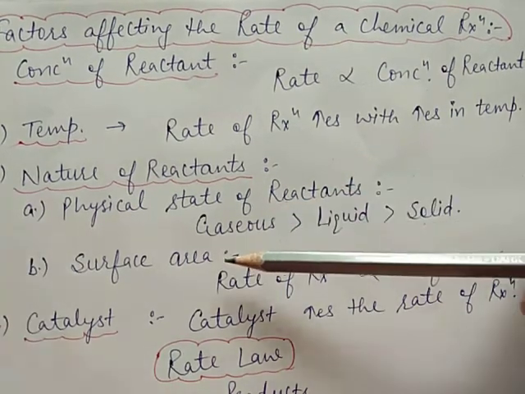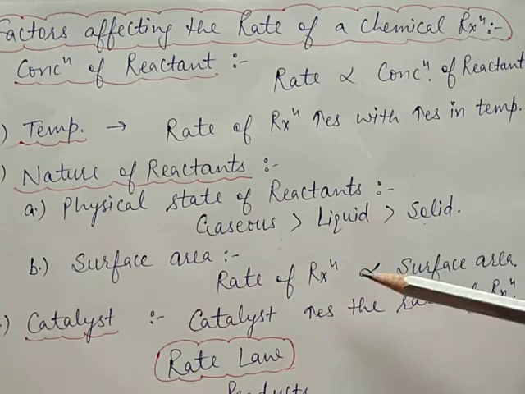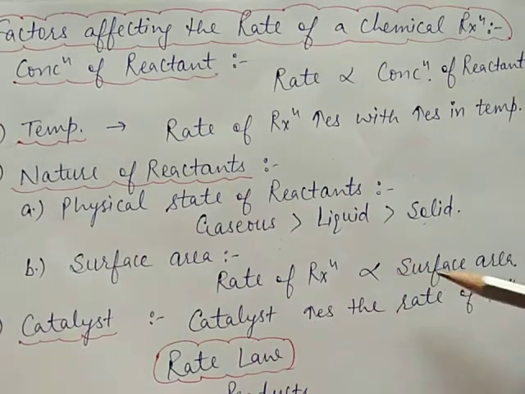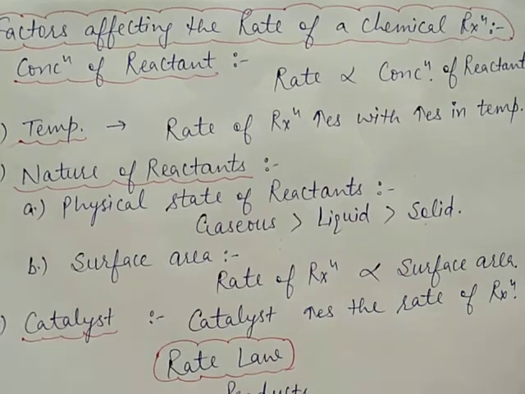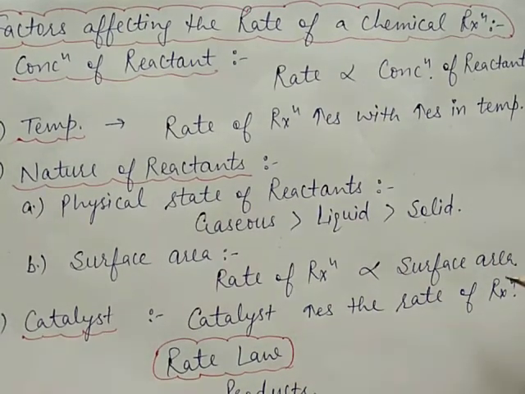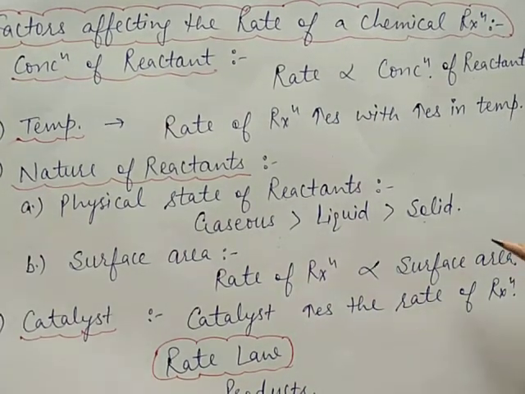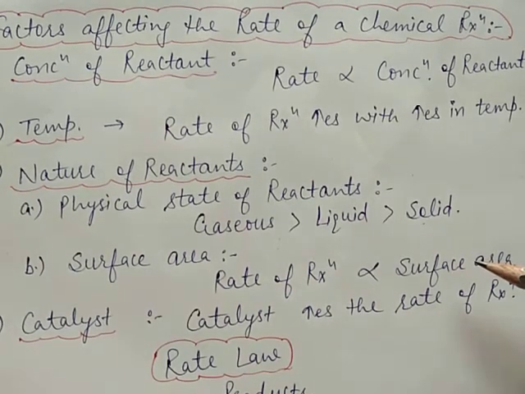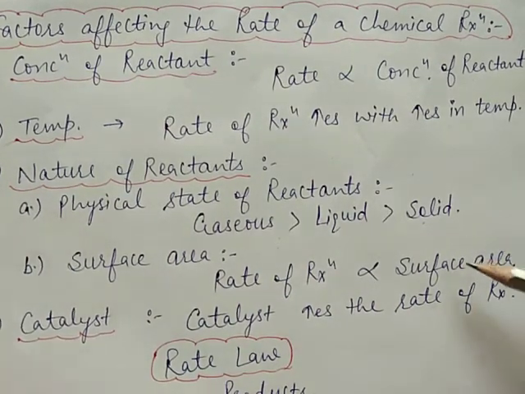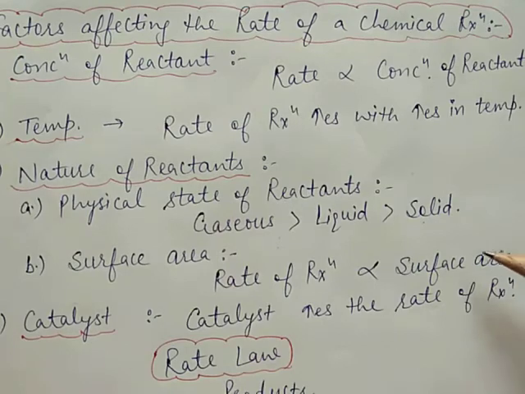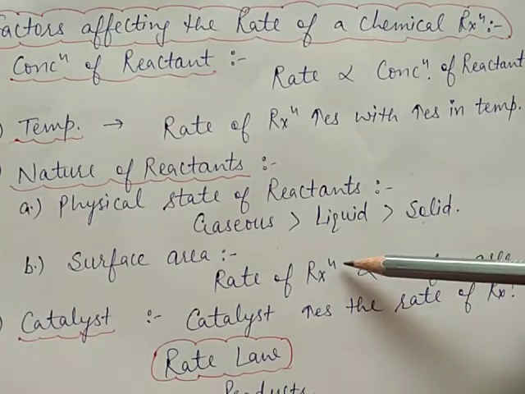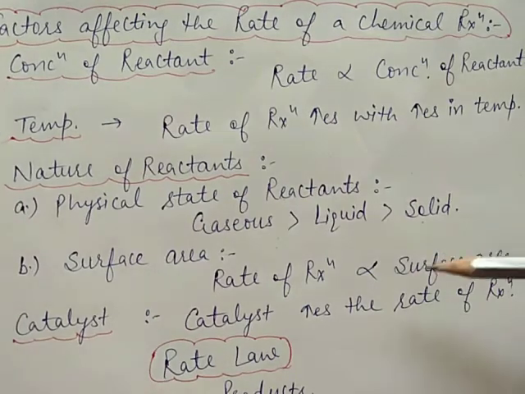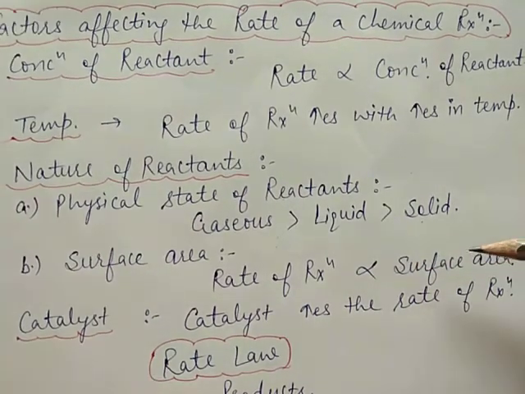Now the second point is surface area. Rate of reaction is directly proportional to surface area. How is it directly proportional? Because the smaller the size of particles, the greater the surface area and the faster is the reaction. How is it possible? Small size particles have greater surface area.